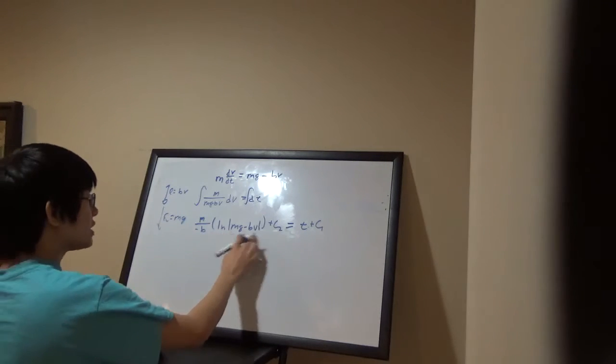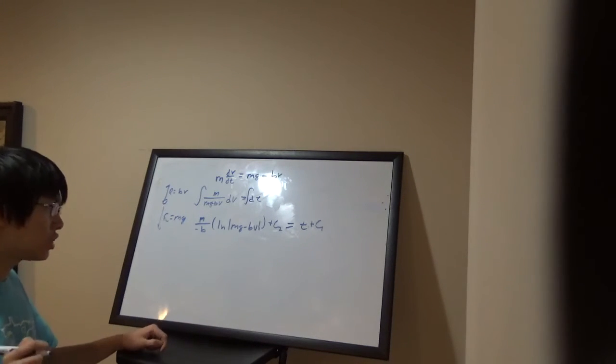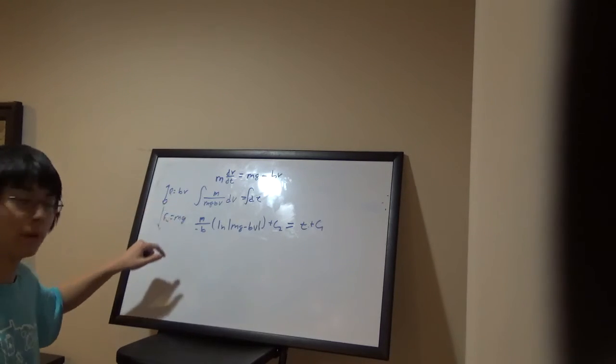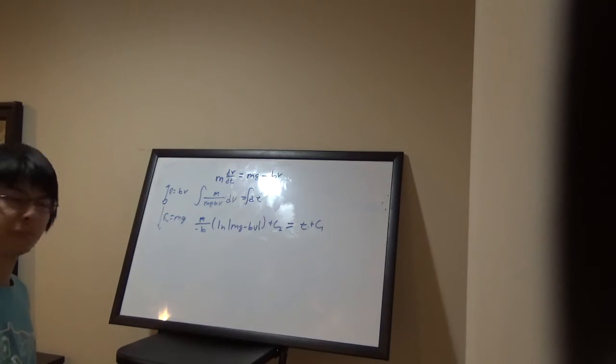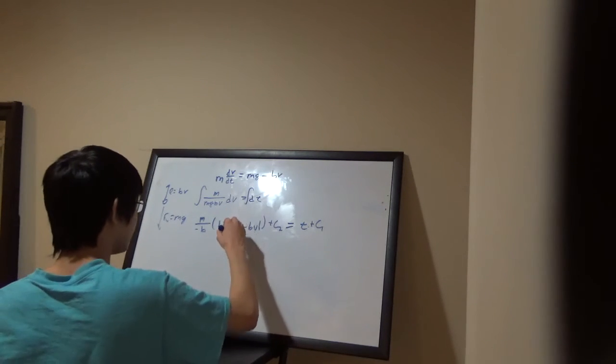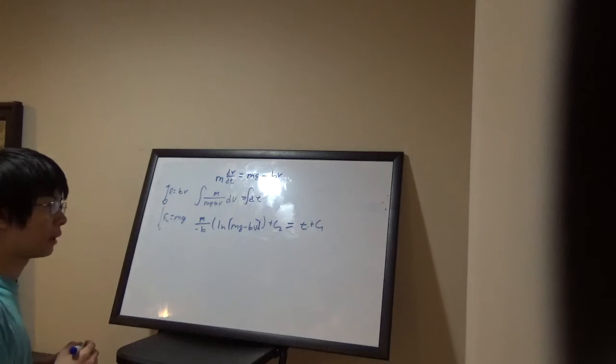Now notice I have this absolute value sign here. I actually don't need it, because mg is always going to be greater than bv until they're equal. So this is always going to be positive anyway, so I can just get rid of those absolute value signs and make these parentheses.